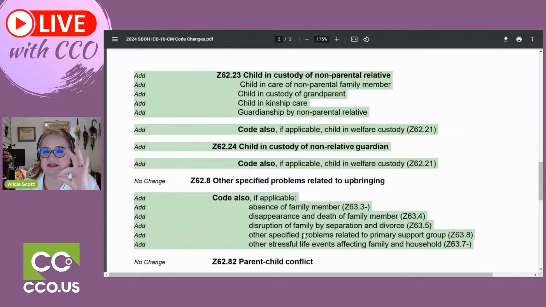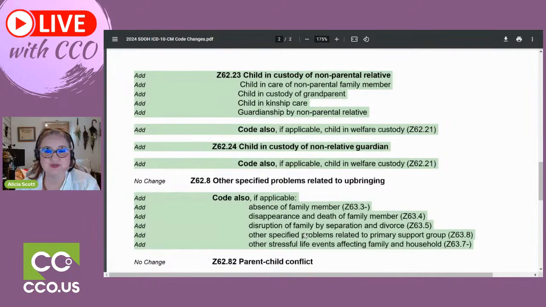The verbiage is similar going through all of these Z codes. And if you're new to this, again, it can be problematic until you get that familiarity with the descriptions and where the codes are related to the descriptions.